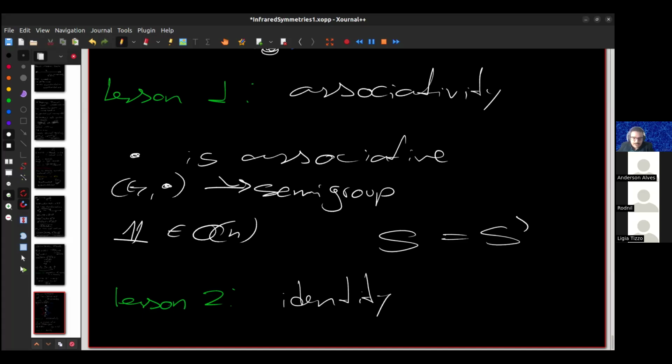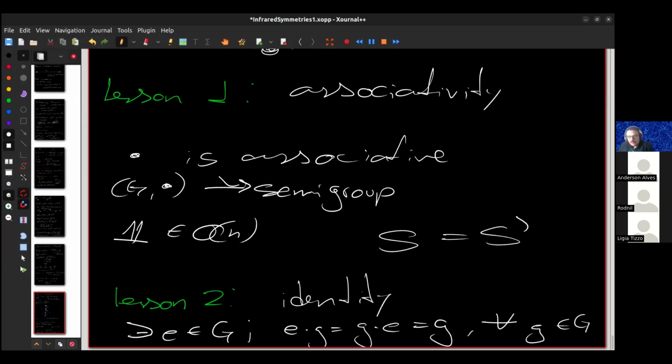An identity means mathematically the following: there is some element that we call E in the collection G, such that E times g equals g times E, which equals g, for any g in G.